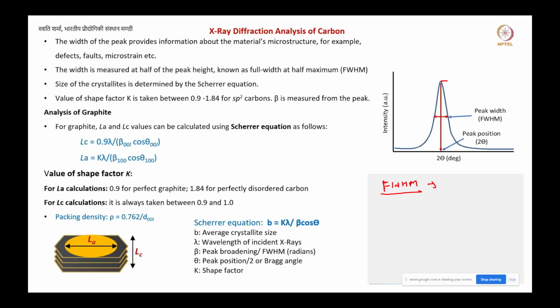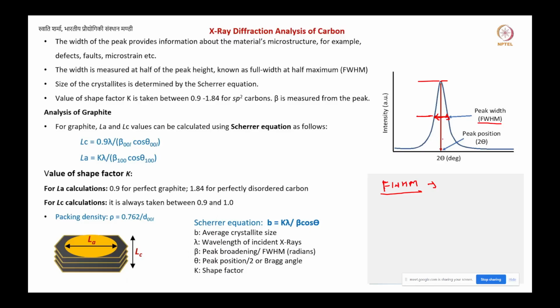This is the full maximum, but we have to take the half maximum, and at this half maximum we take the full width. So at the half maxima, when you take this full width, or the width of your peak, this is called full width half maxima, and this is your peak position. So the width is measured at half of the peak height, known as the full width at half maxima.